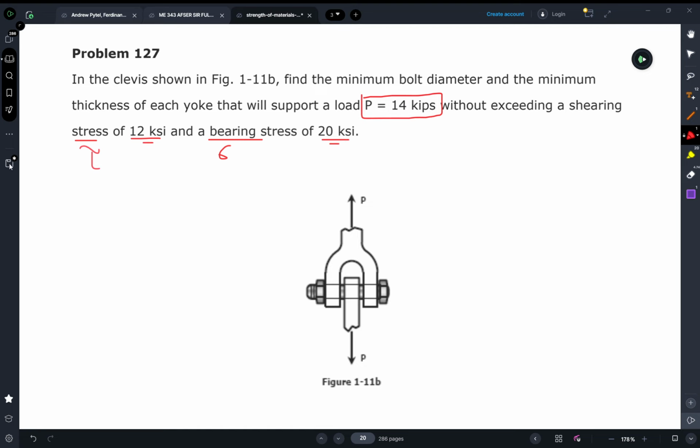So we have to first consider the shearing stress to determine the diameter and the thickness. We can determine the diameter from the shearing stress equation, and we can determine the thickness from the bearing stress equation.